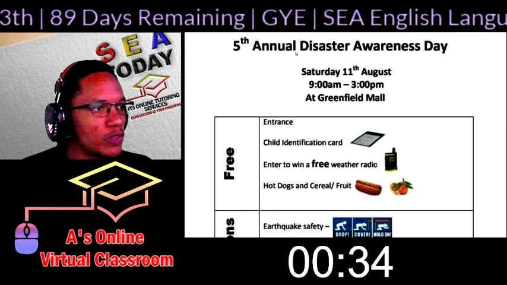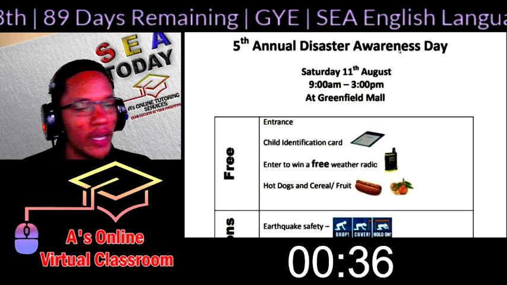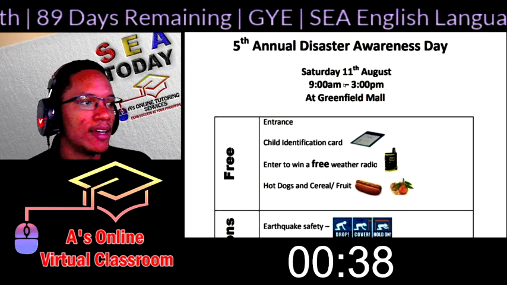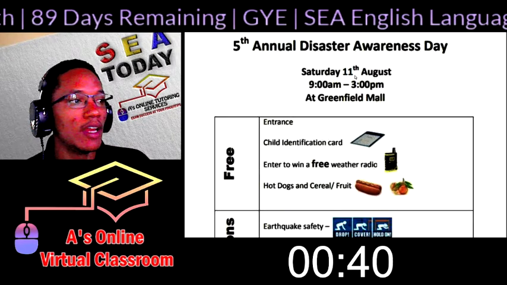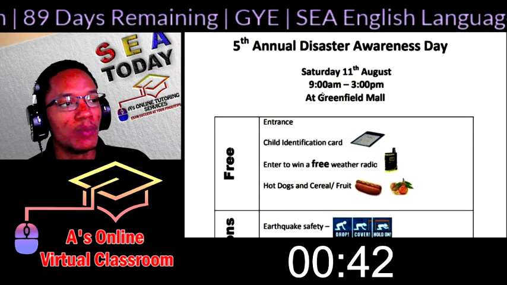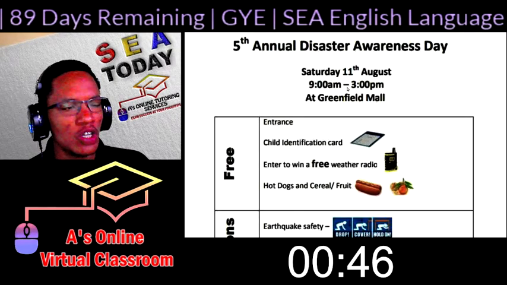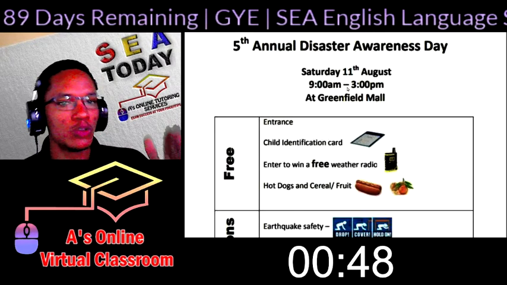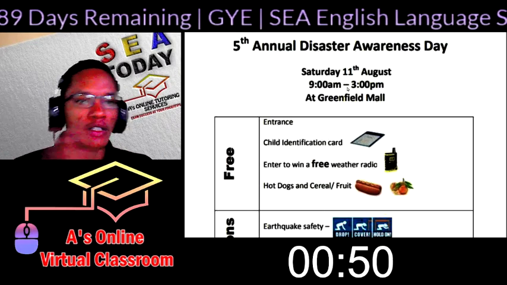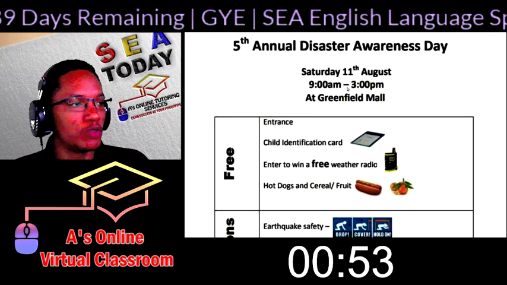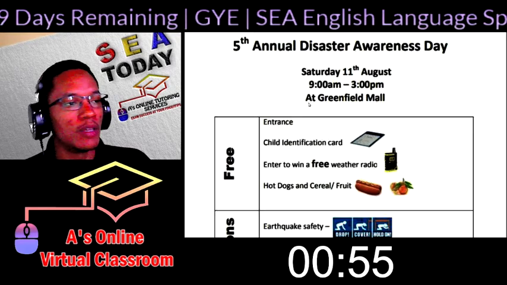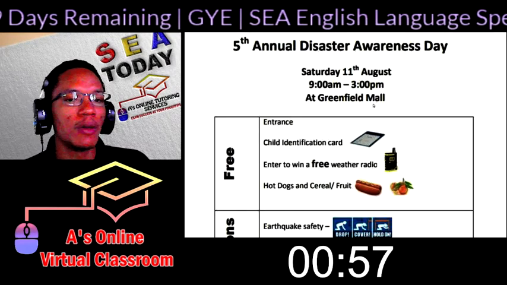It says 5th Annual Disaster Awareness Day, Saturday the 11th of August from 9 a.m. to 3 p.m. This dash means 'to', so it starts at 9 in the morning and finishes at 3 in the afternoon, and it's taking place at Greenfield Mall.